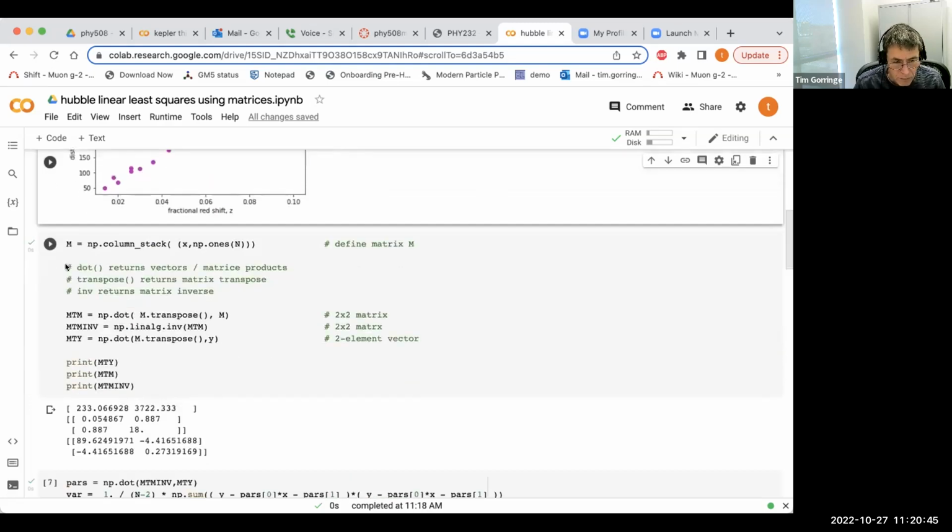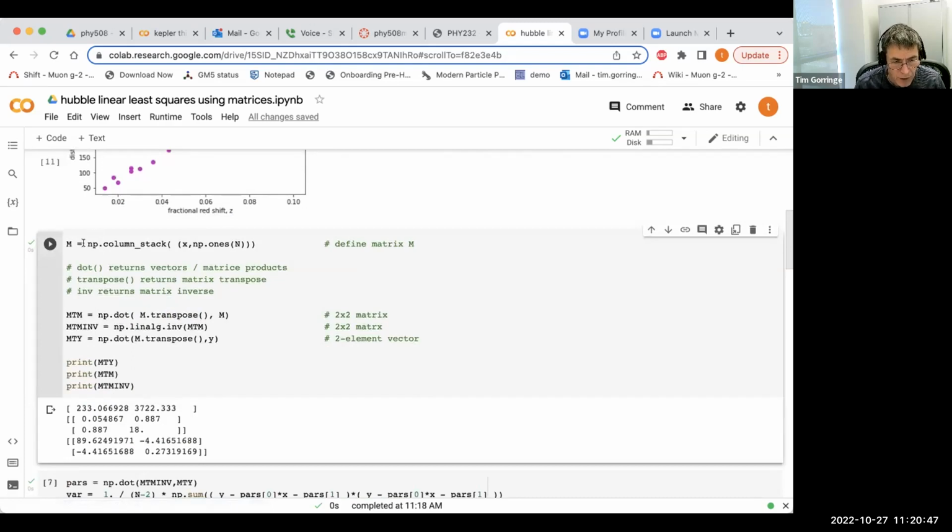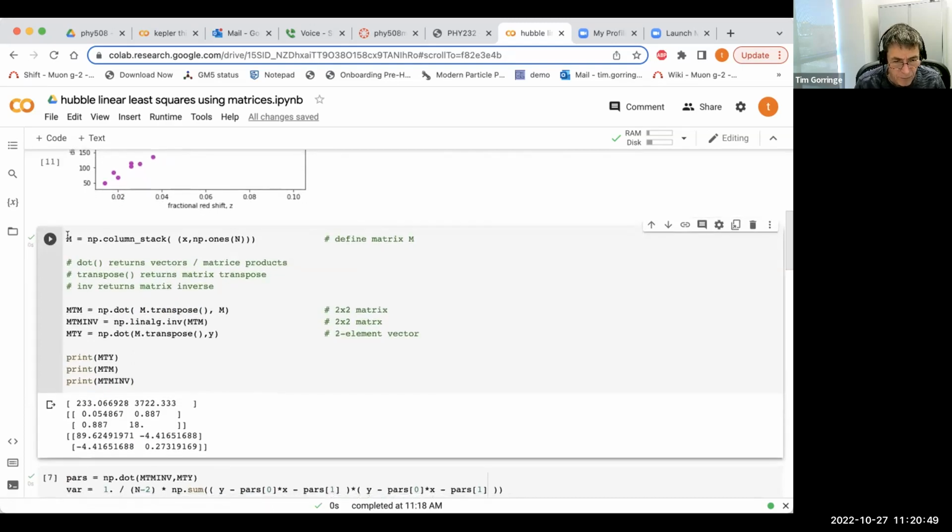Okay, third cell. So third cell, I've already defined a vector that contains the dependent variable y. I need a matrix M that contains the independent variable.